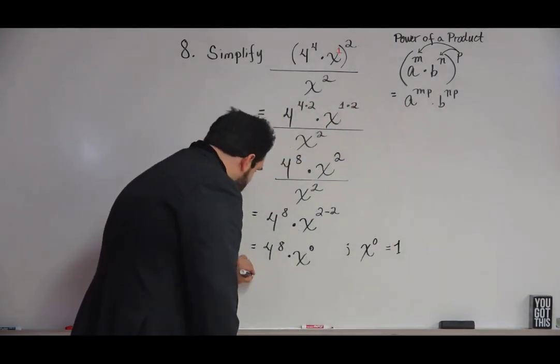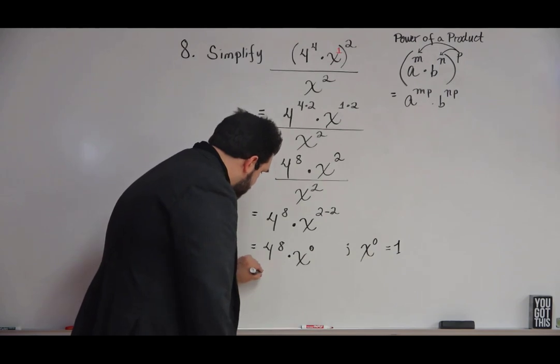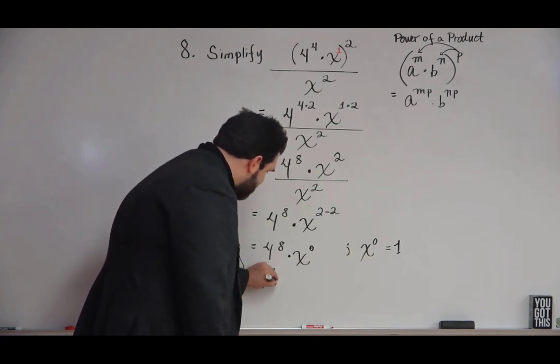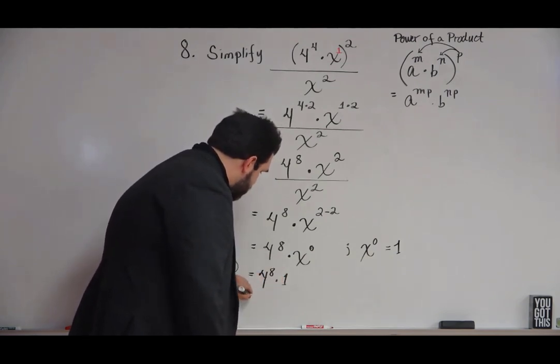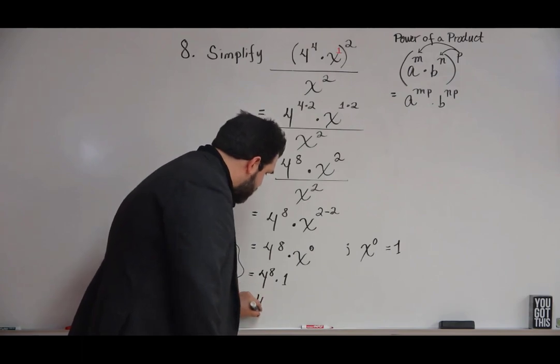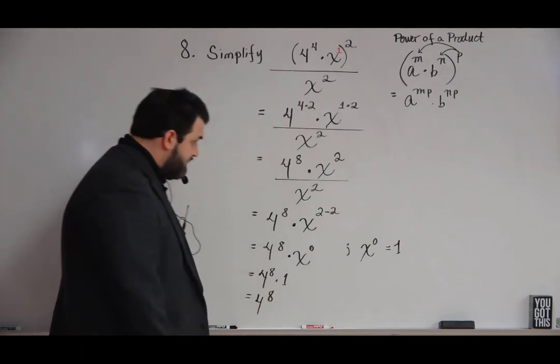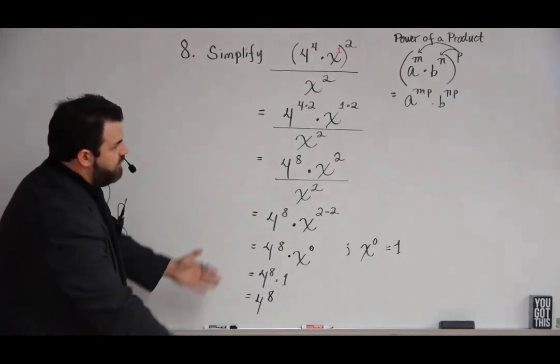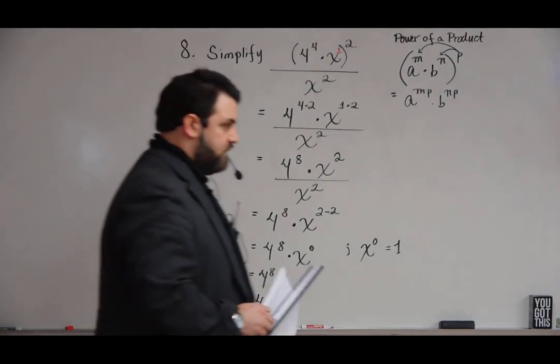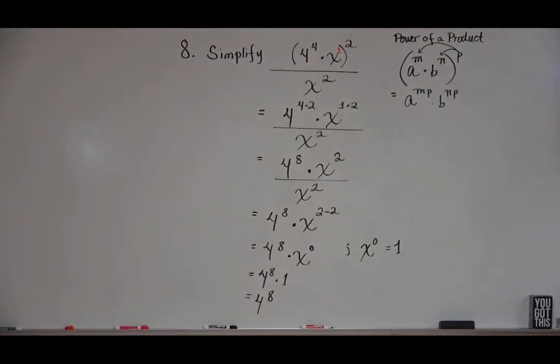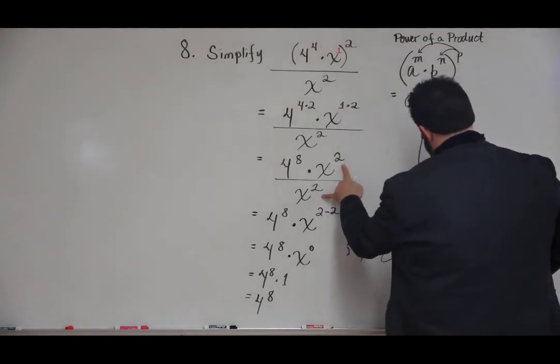So we have equals 4 to the power of 8 times 1, which means our final answer is just 4 to the power of 8. And you know, this problem could have been solved a little bit faster if you start to notice patterns.